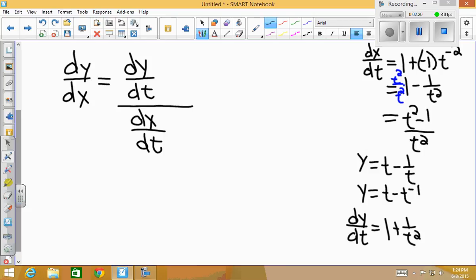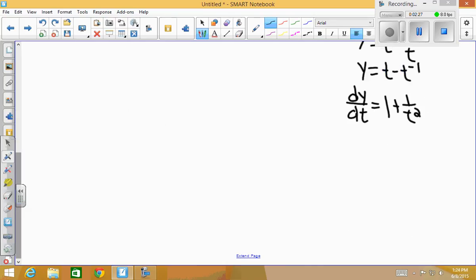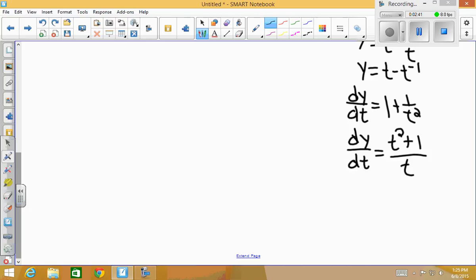Very similar to what we did above. And combining those terms together, we get dy dt is t squared plus 1 divided by t squared.